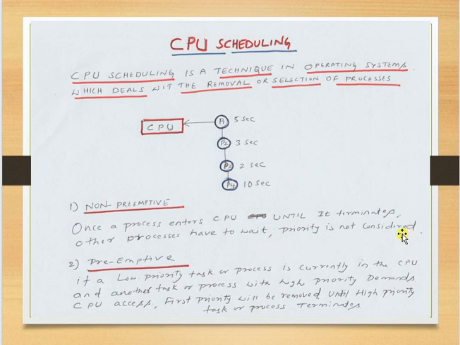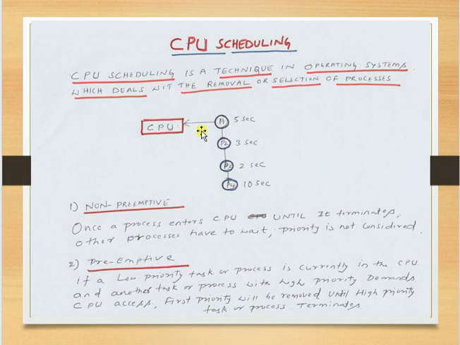Priority is not considered. In this example, when P1 is being executed by the processor, P2, P3, P4 are waiting till P1 completes its execution by the CPU.